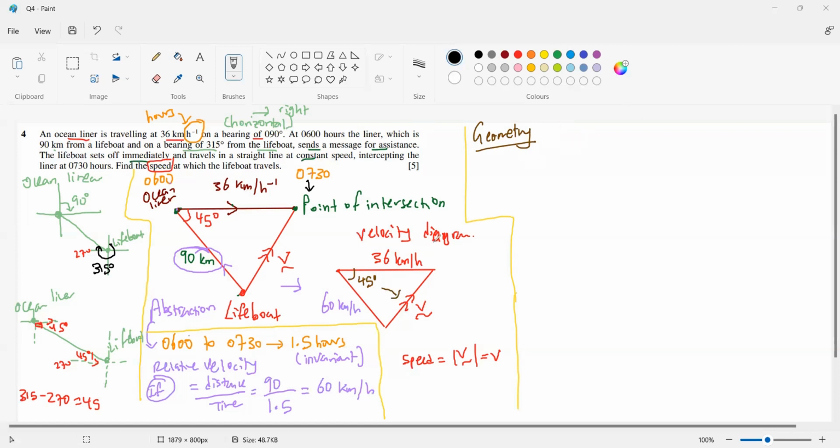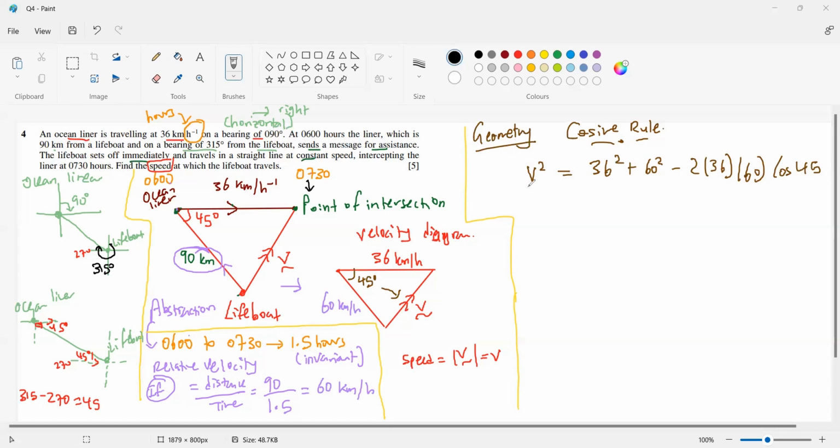Now it's quite obvious that we must use the cosine rule. The cosine rule tells me that v square, the modulus of v, is 36 square plus 60 square minus 2 times 36 times 60 cos 45. Please take note, this is the opposite angle.